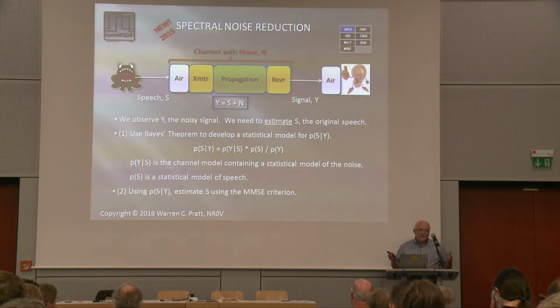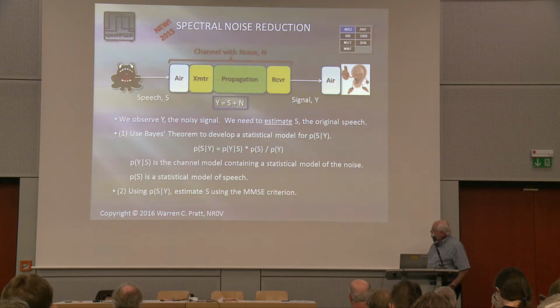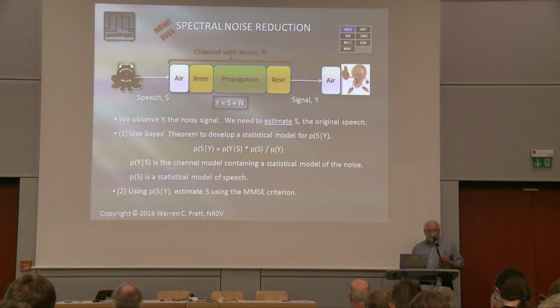It is just a statistical model of speech amplitudes. Okay, that's all it is. It's either a Gaussian model or a gamma model. It's a statistical model of speech amplitudes. And it turns out the probability of Y is really just a normalizing factor, and it doesn't depend upon S. So we can generate this statistical model, but we still need to actually estimate S.